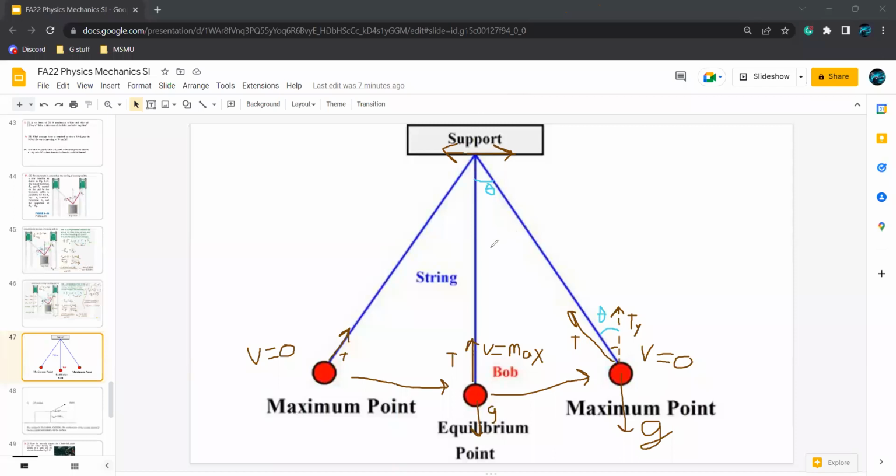Another thing is that the length of this string never changes. The height does change a little bit here, but those calculations usually don't matter too much. He had us look at this.